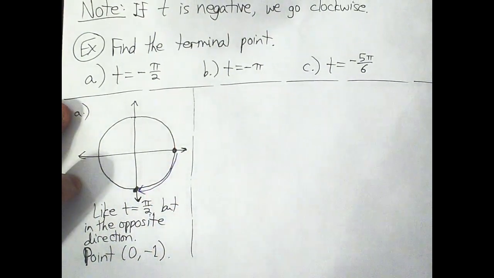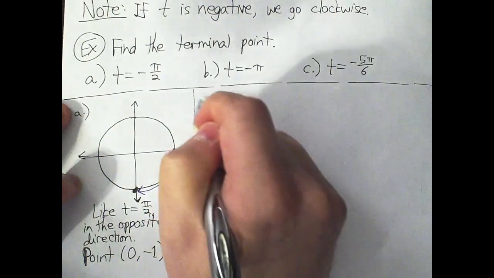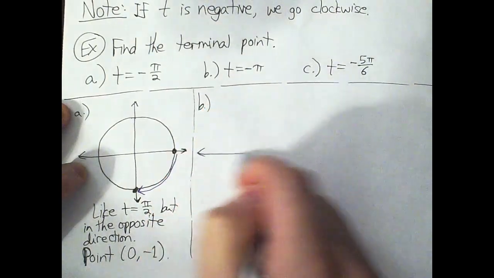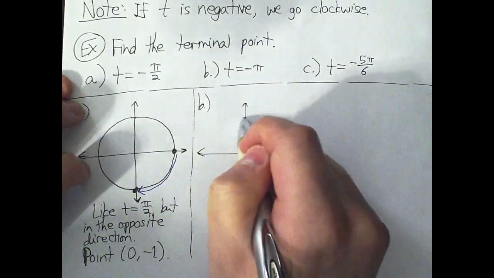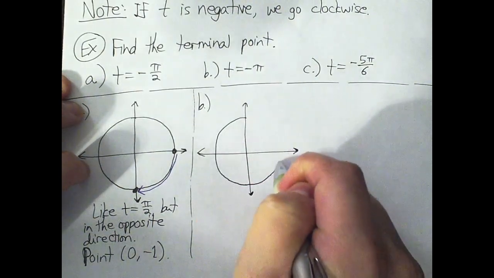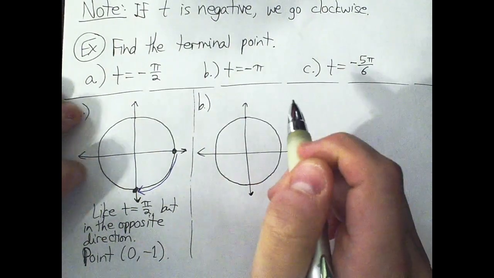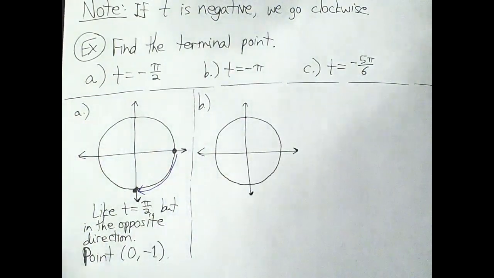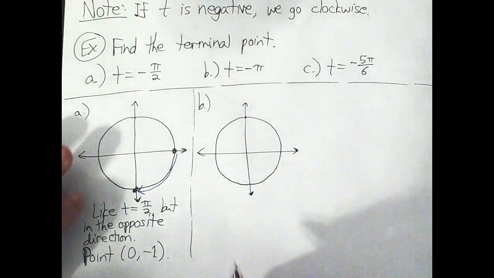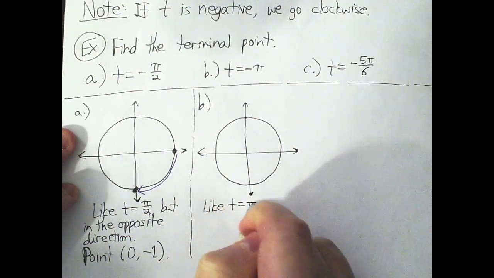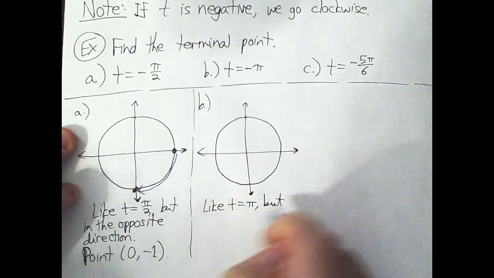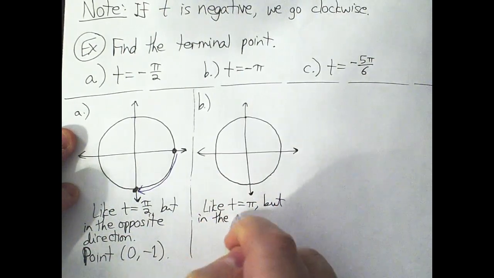Okay, I'm going to do part B also. Scratchwork unit circle. I think we talked earlier about what would happen if you went a distance of pi. This is going to be like t equals pi, but in the opposite direction.